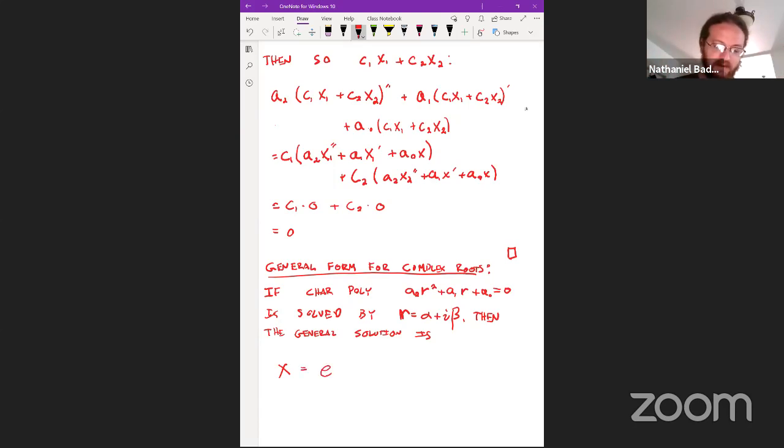It's going to be e to the alpha t, sort of exactly what we would expect, times some constant times cosine beta t plus some constant times sine beta t.